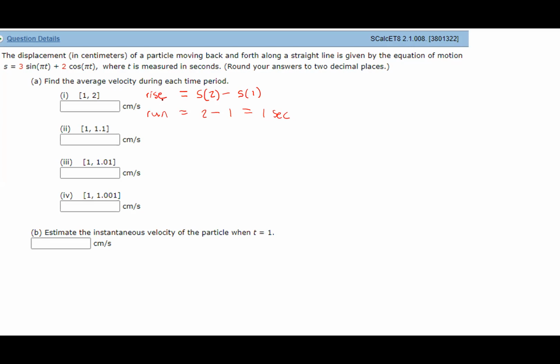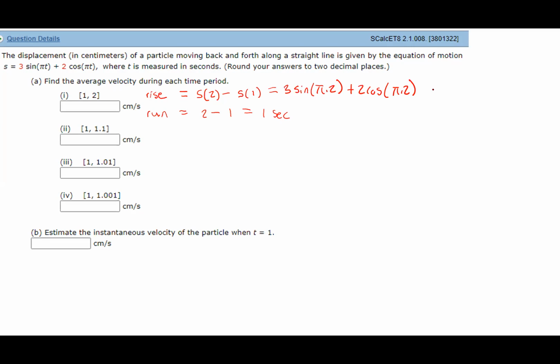Then the rise is a little bit more complicated. Just for this very first problem, I'll write out the whole thing, but then from there on out, I'll just write S of something, subtract the S of something. So what is S of 2? Well, we plug in 2. So 3 sine of pi times 2 plus 2 cosine of pi times 2. Okay, so that's S of 2.